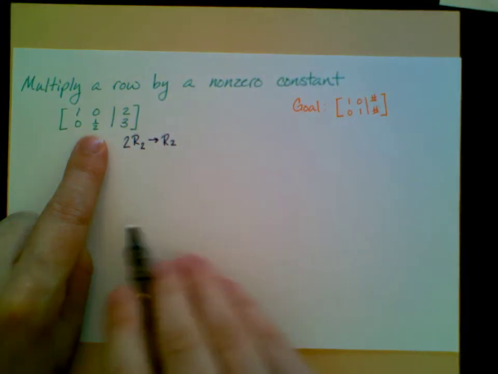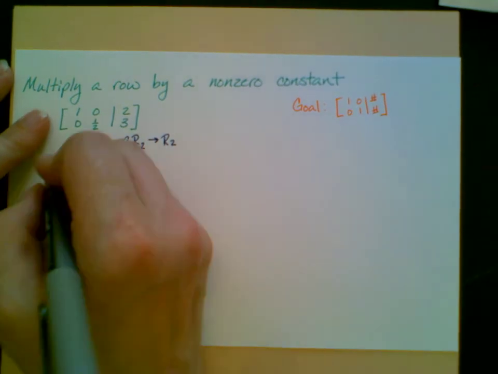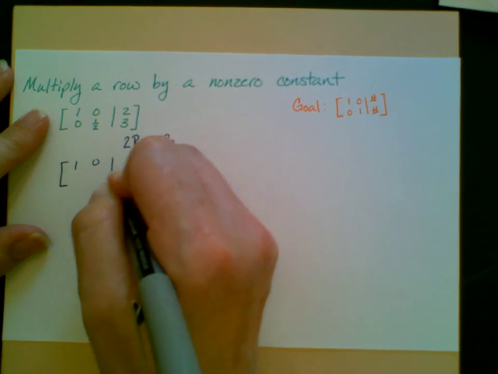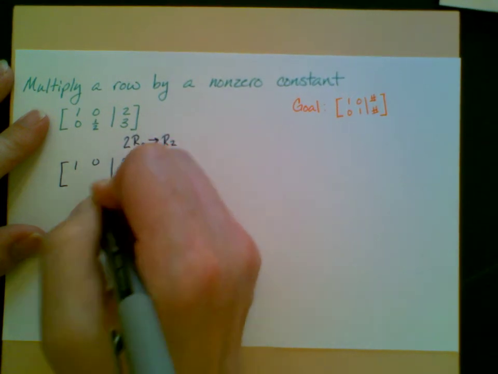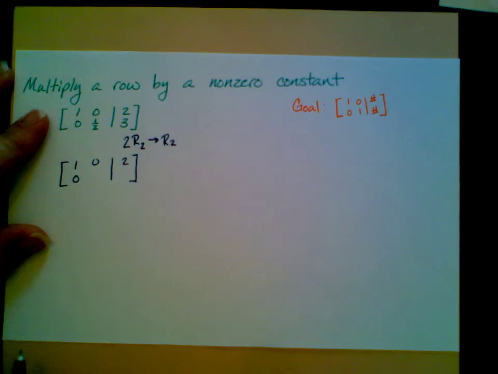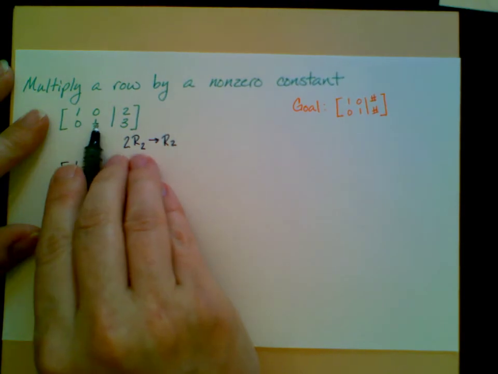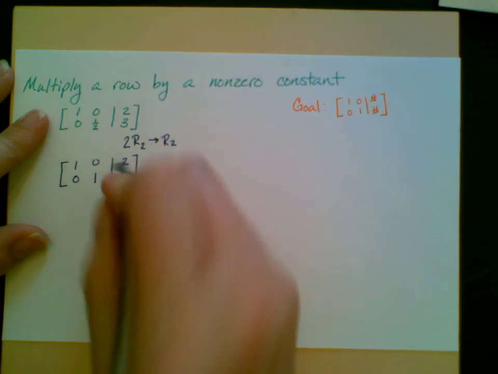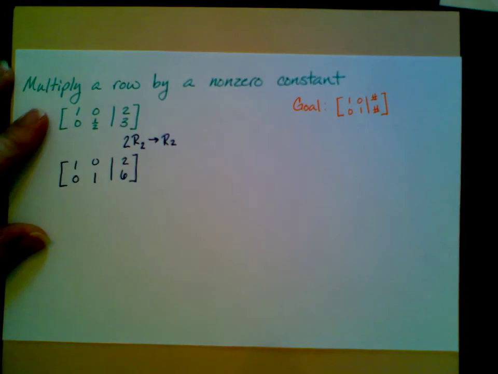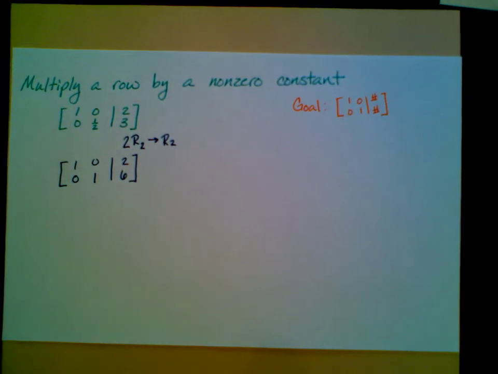I don't want to add rows to my matrix as I'm going, so we will always be replacing an existing row. So 2 times 0 is 0. 2 times 1/2 is 1. And 2 times 3 is 6. So there is that result.